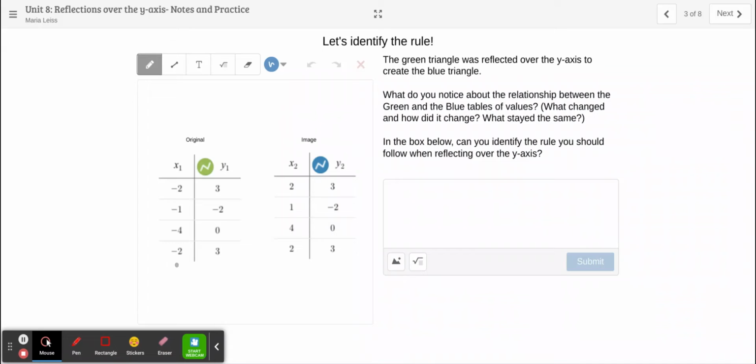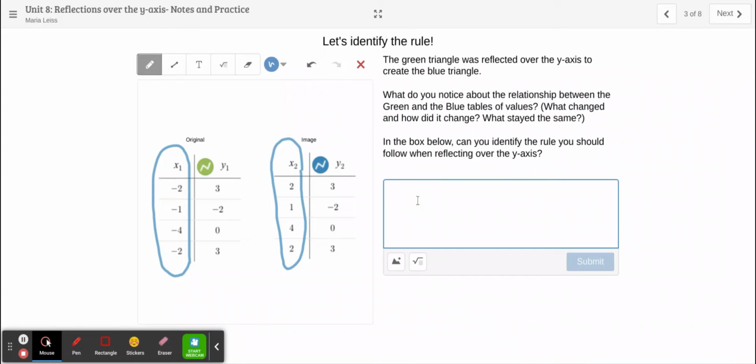Because in class, what we're noticing is if we look at the column of values right here, it goes -2, -1, -4, -2. And then you compare them with the column of values on the image or the copy. It's the same numbers, only instead of these being negative, these are positive. So like we did in the exponent rules earlier, let's write a rule.